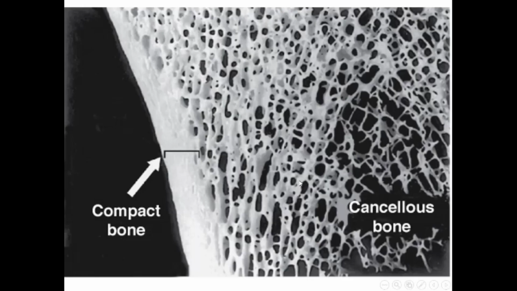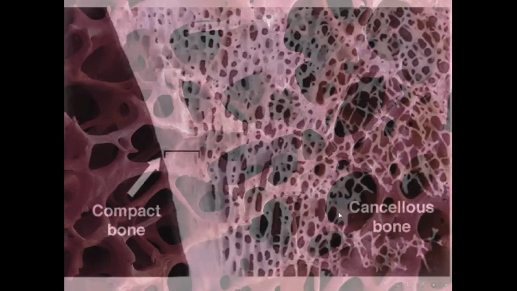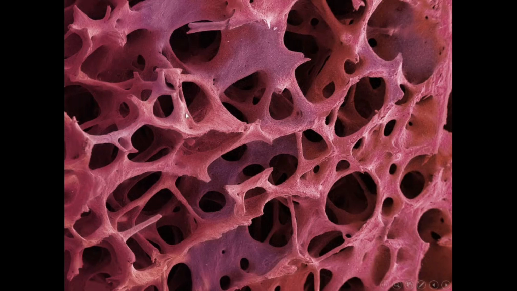You can see here with large magnification compact bone, sometimes called cortical bone, because it is on the surface in the peripheral part, and cancellous or spongy bone with a lot of interconnecting cavities between the trabeculae.